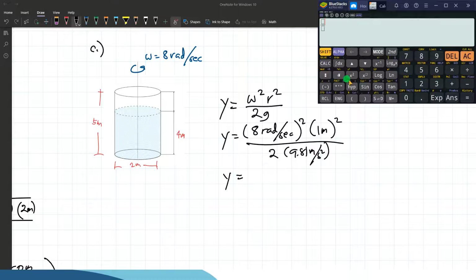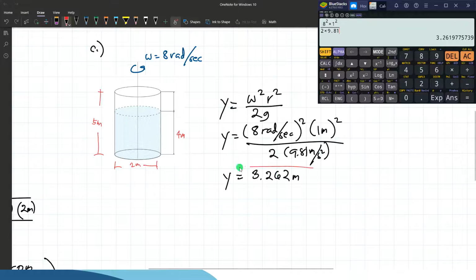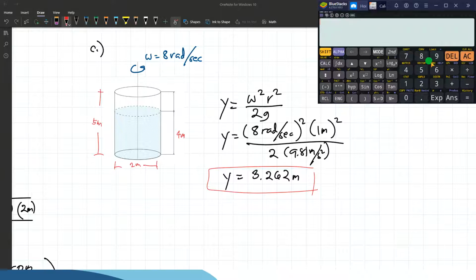We have 8 squared by 1 squared divided by 2g, 3.262. That's your y. So half of 3.262, which is 1.631, is greater than 1. So it will exceed the rim.